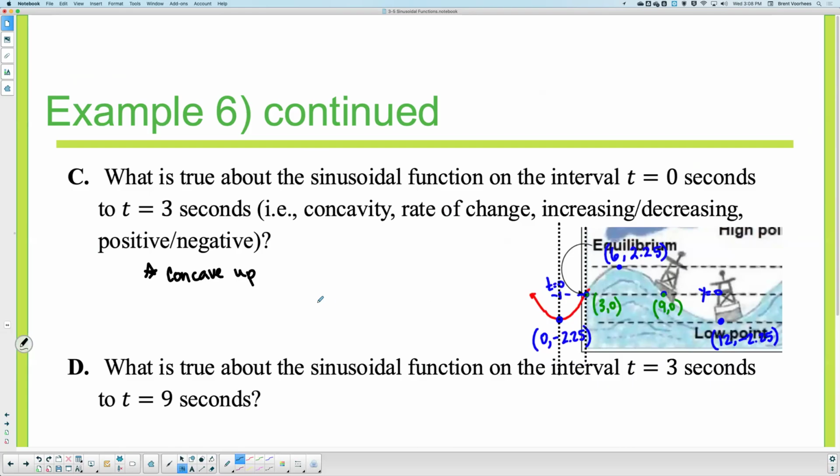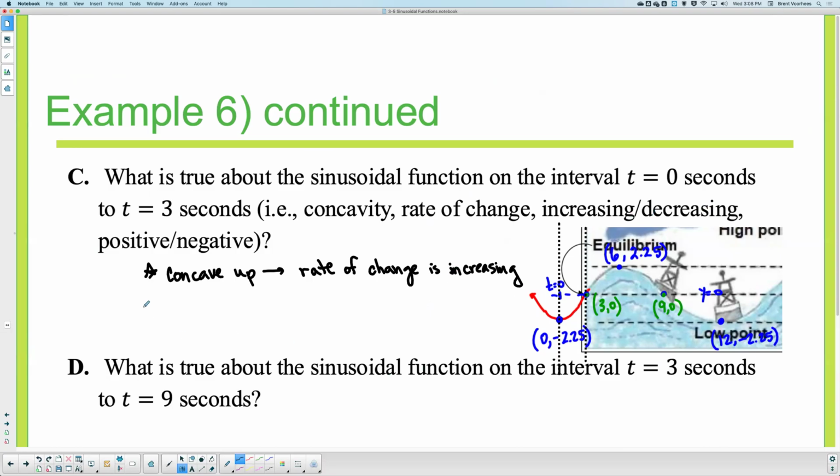And if you're concave up, that implies by unbreakable chain that the rate of change is increasing. That's unbreakable chain from unit 1. So if you're concave up, your rate of change is increasing.